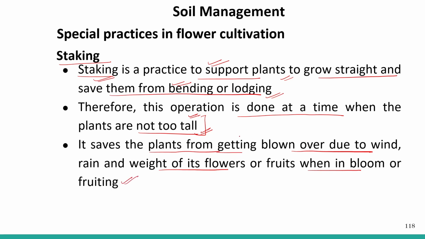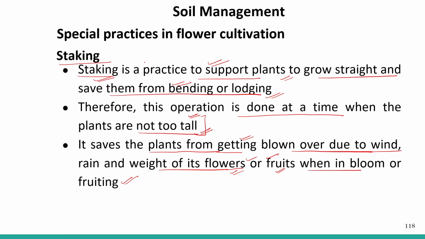So we can go for staking when the plant is not too big, not too tall, and it is not at the flowering or fruiting time. So why is it done? Because it saves the plant from getting blown away due to the wind, rain, right? And also sometimes the plant becomes very heavy due to the weight of flowers and fruits.